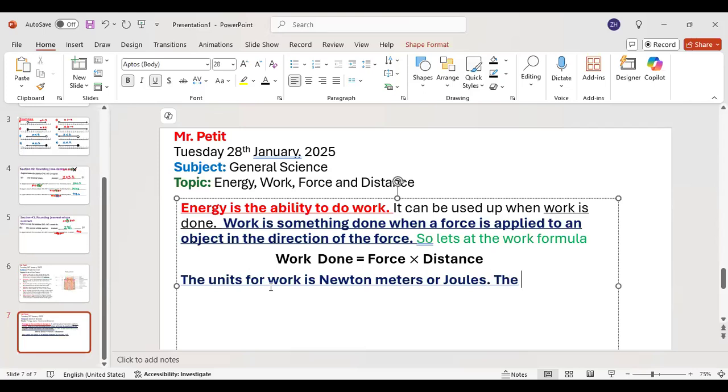The units for force is newtons, and the units for distance is meters.